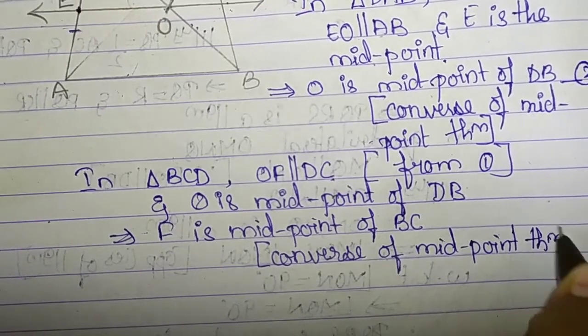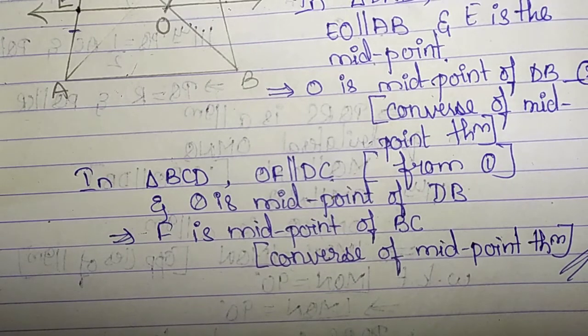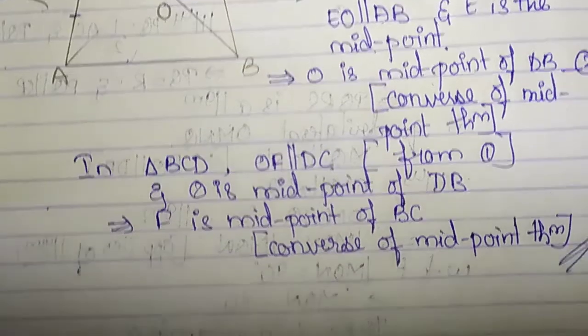Our question was to prove that F is the midpoint of side BC, and we just proved that using the converse of the midpoint theorem. So this is the solution for the fourth question.